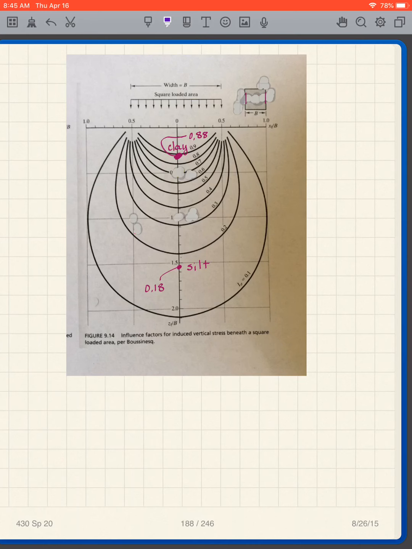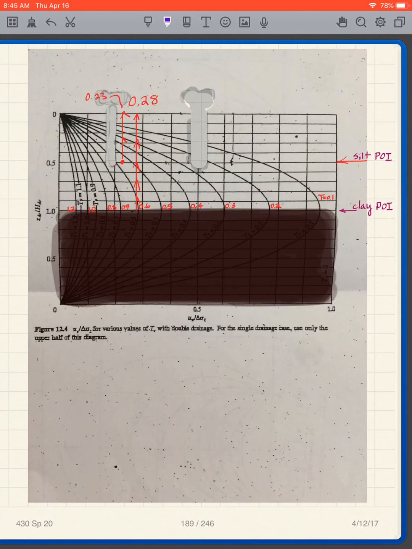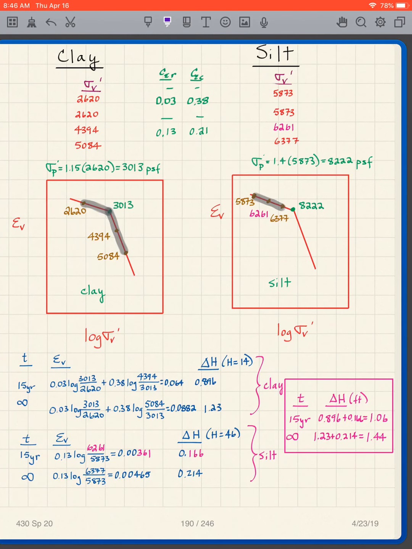This is how you would use the pressure bulb chart. This is using the pore pressure curves. And these are the stress strain curves and how to come up with the final answers.